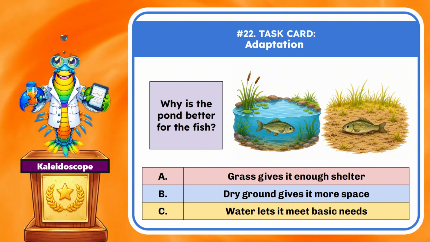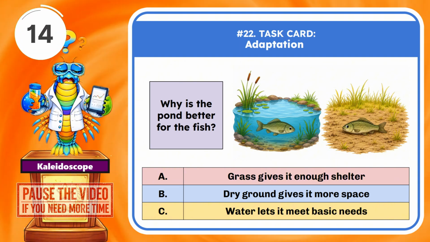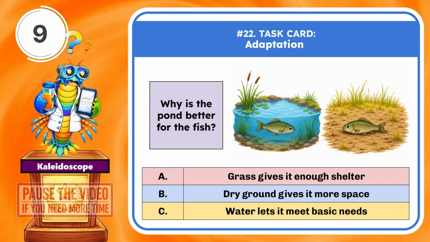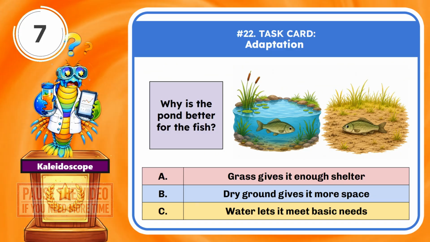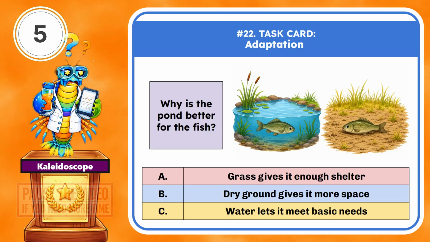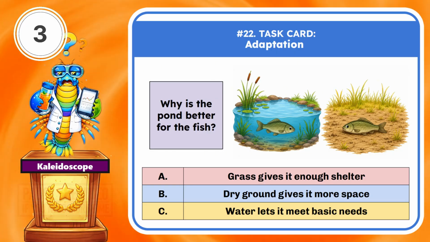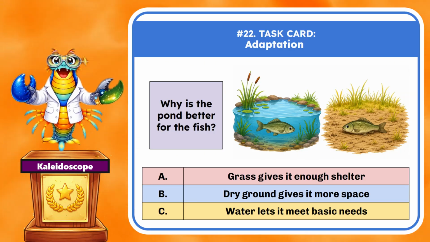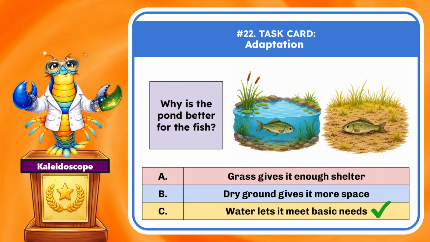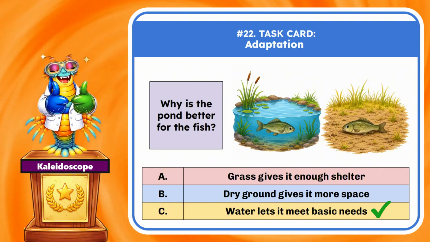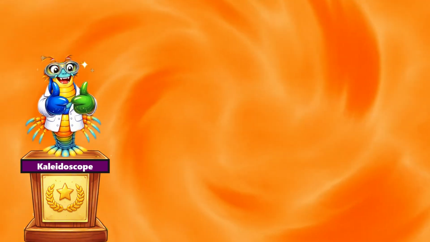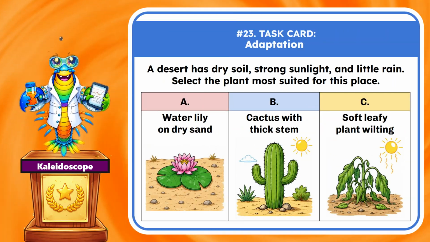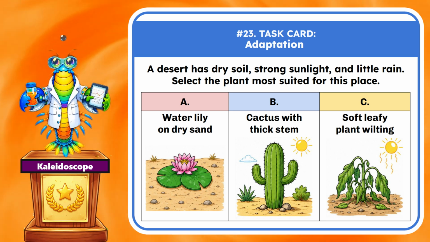Why is the pond better for the fish? And the correct answer is letter C. Water lets it meet basic needs. A desert has dry soil, strong sunlight, and little rain. Select the plant most suited for this place.